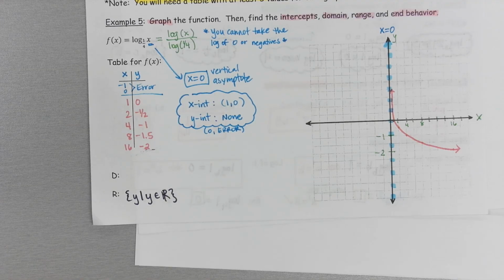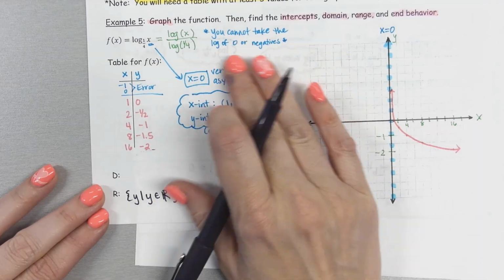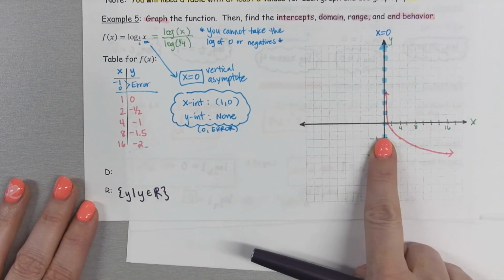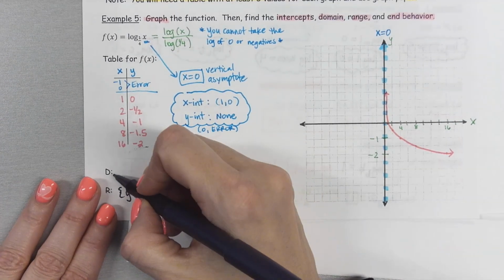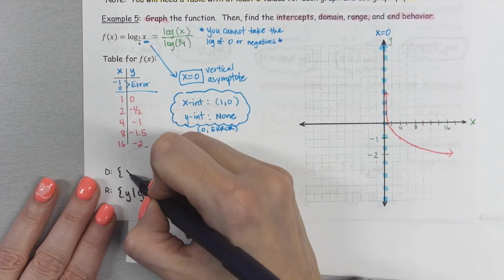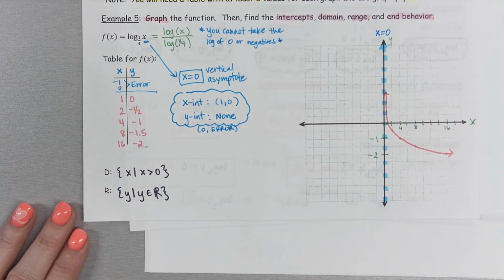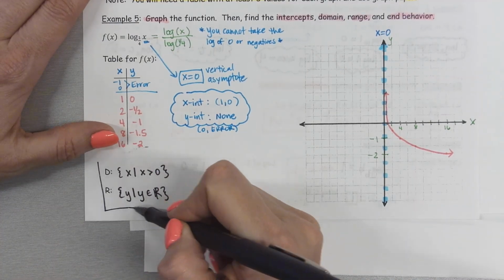And we know the domain can't be all real numbers because we're getting all these errors. Okay, and you can't take the log of 0 or negatives. You can also use your graph. All the values are getting closer and closer to 0, but they're not touching that, which means all of the values of x have to be greater than 0.